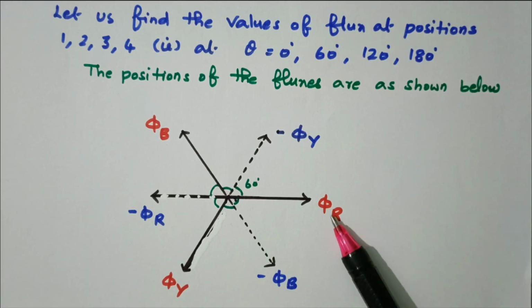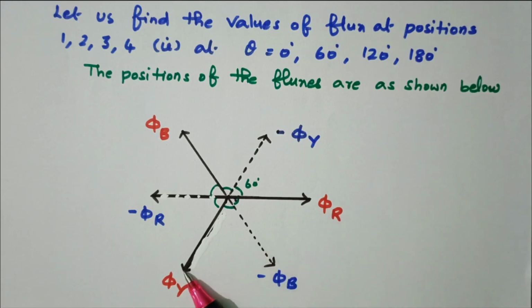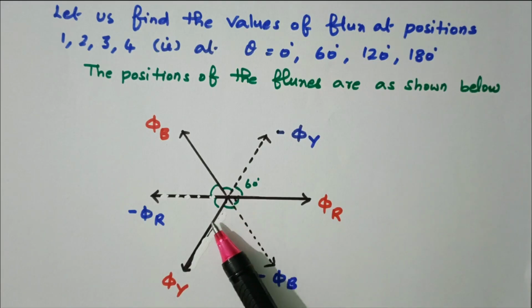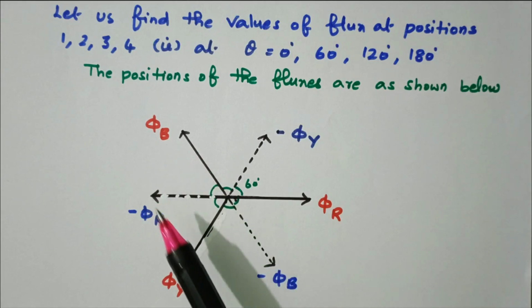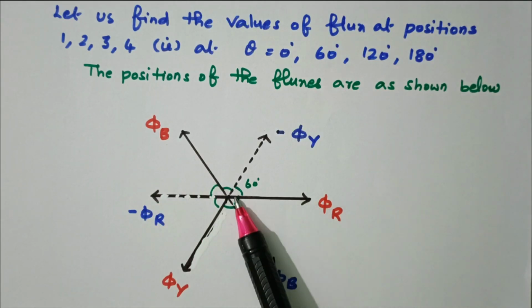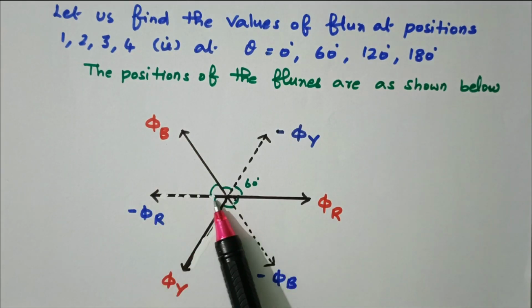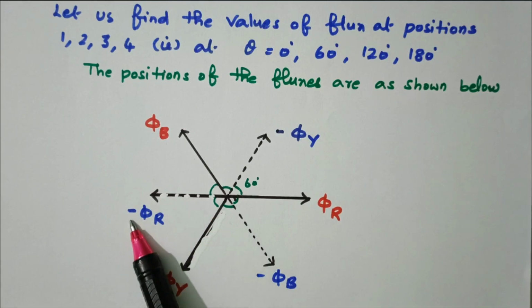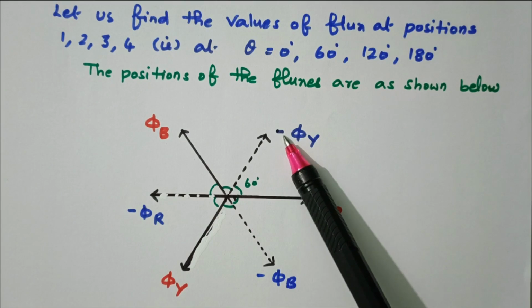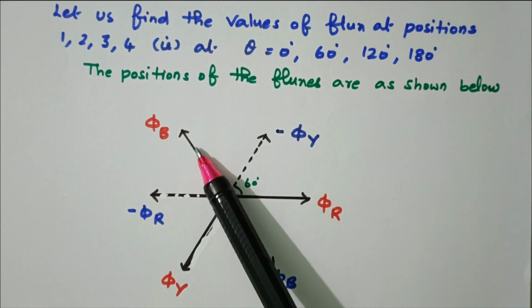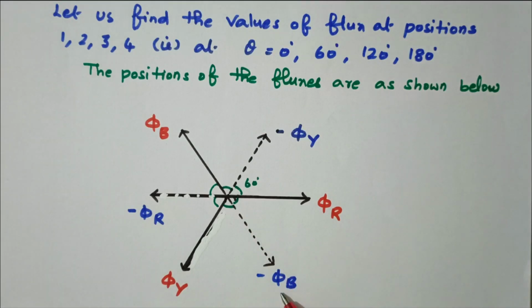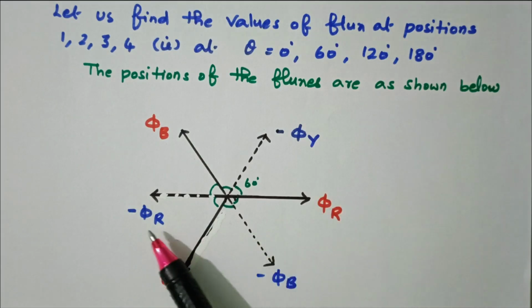So this is the flux pi R, pi Y at 120 degrees, and another 120 degrees we have pi B, right? The negatives are drawn as dotted lines: minus pi R, minus pi Y, and minus pi B on the opposite side.